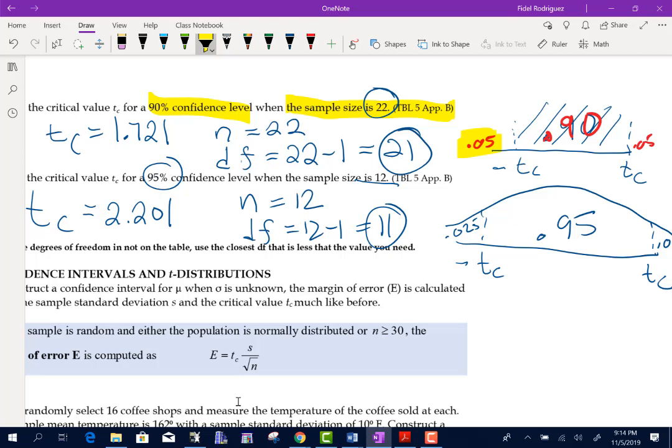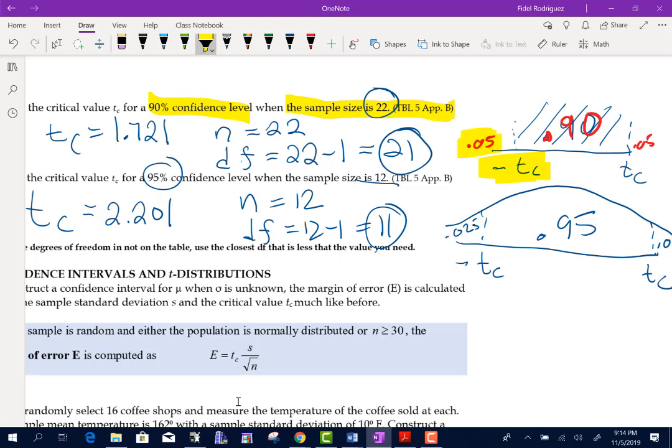Because what it's really computing for me is the negative t c. So what was the answer that we came up with on our calculator? If I go to 3 decimal places, negative 1.721. When we came up with it here, wasn't it positive 1.721? So far we're good? Myra, did I lose you?